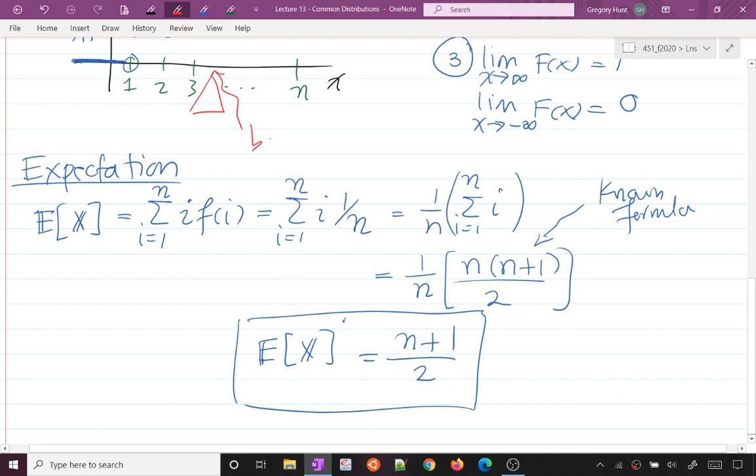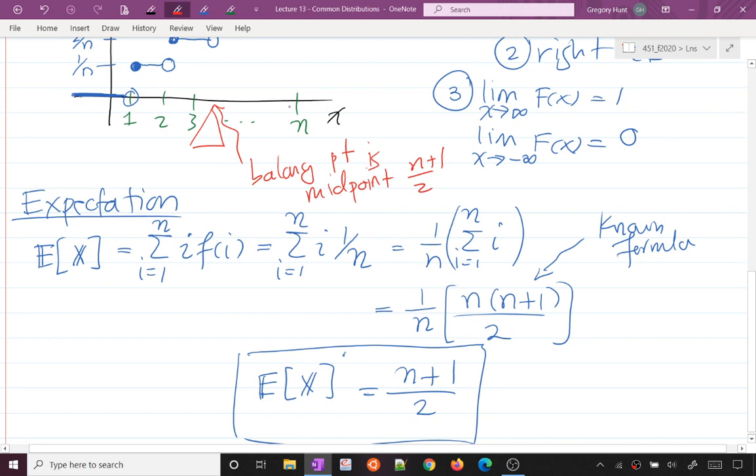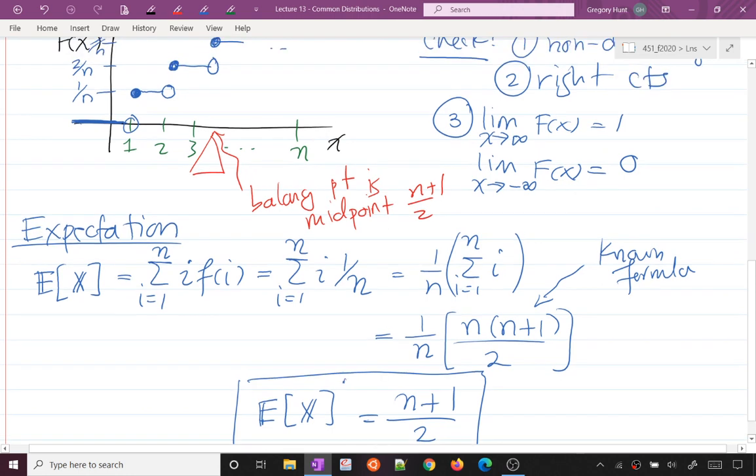That is basically the midpoint here, n plus 1 over 2. So my balancing point is the midpoint, n plus 1 over 2. It's the arithmetic average of 1 and n. Add n and 1 divided by 2, that's the average. And that makes sense. Whoops, I should probably draw this not for the CDF.